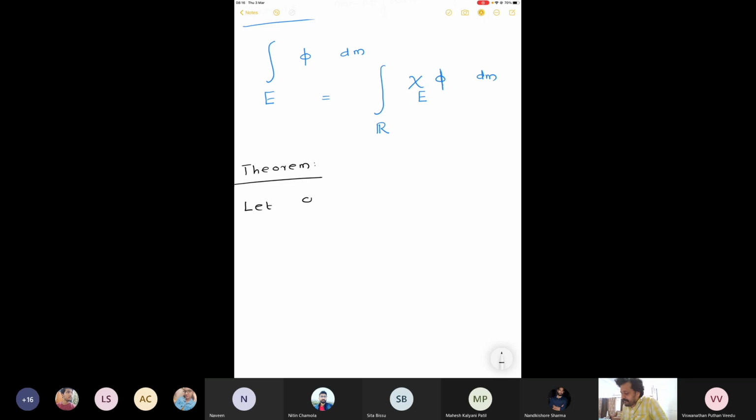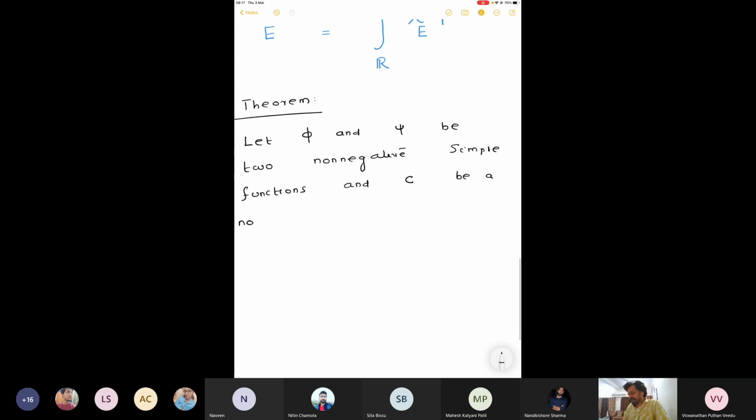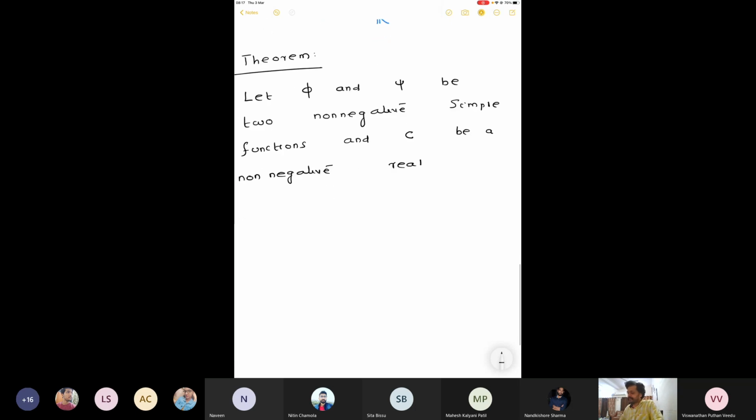Let phi and psi be two non-negative simple functions, of course measurable functions, and c be a non-negative real. Then we have the following.